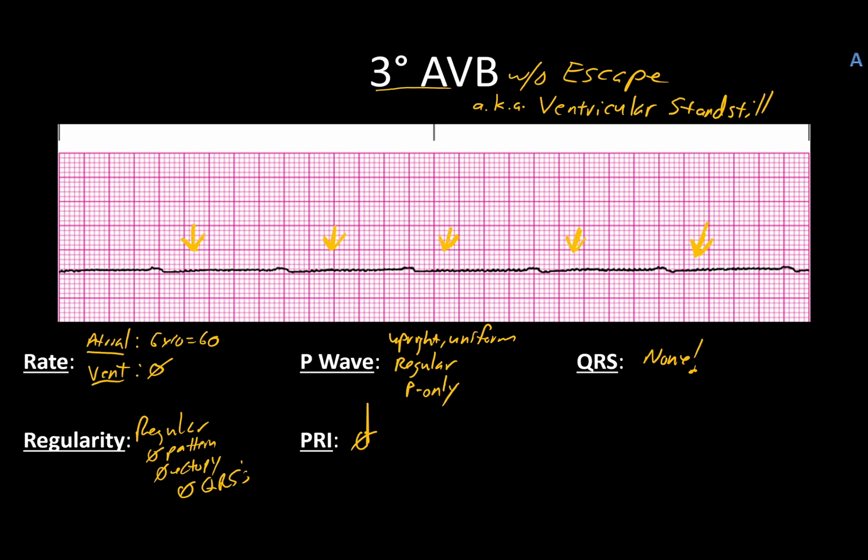Again, this is that true dissociation where everything in the atria, no matter what it is, is not going to be conducted down through. If you ever do come across this or have a patient that has this go across their screen while you're monitoring them, you know, this is ACLS at its core.